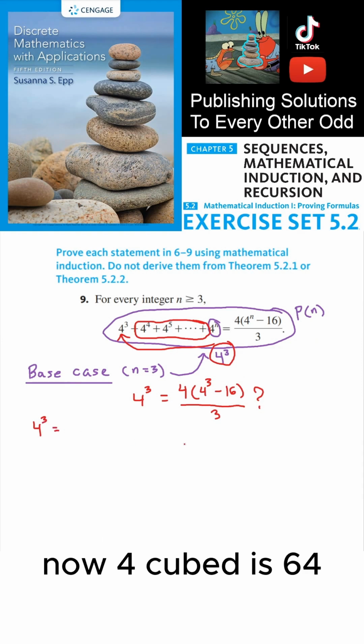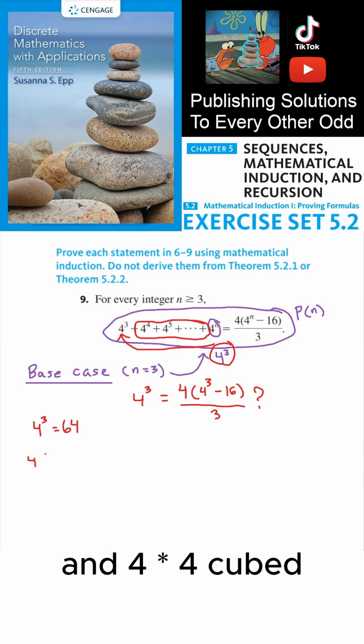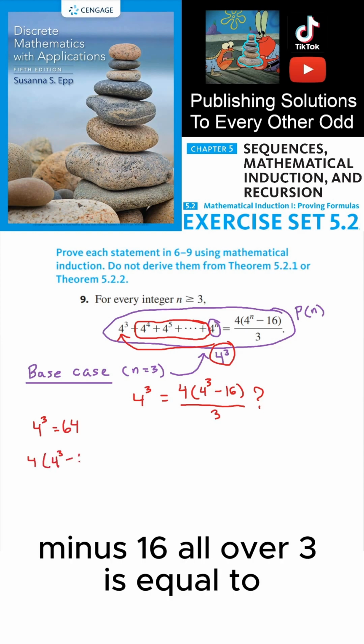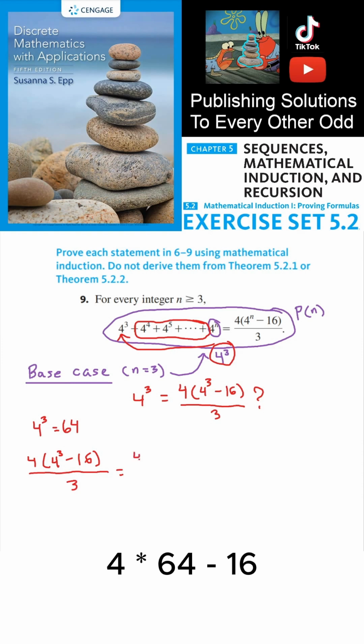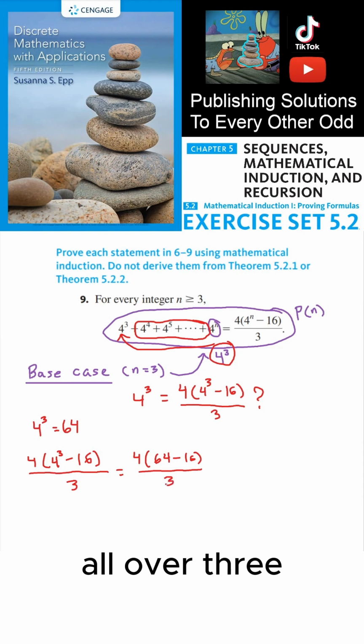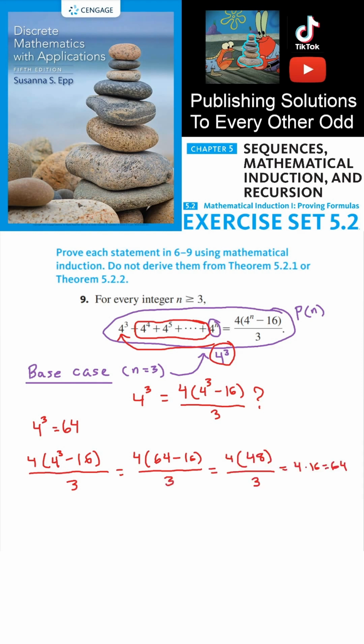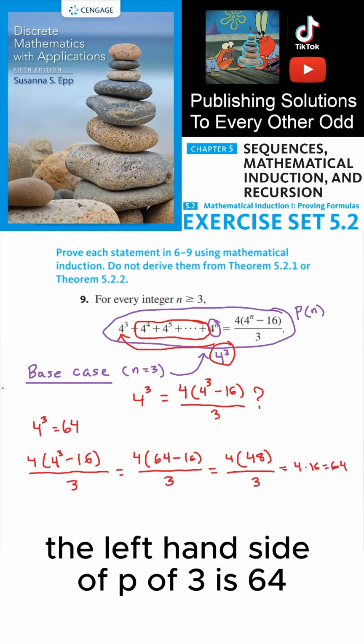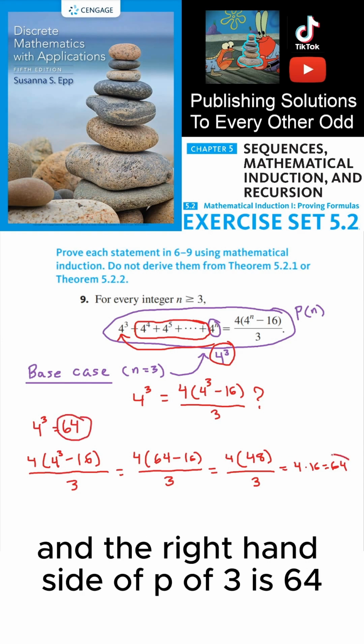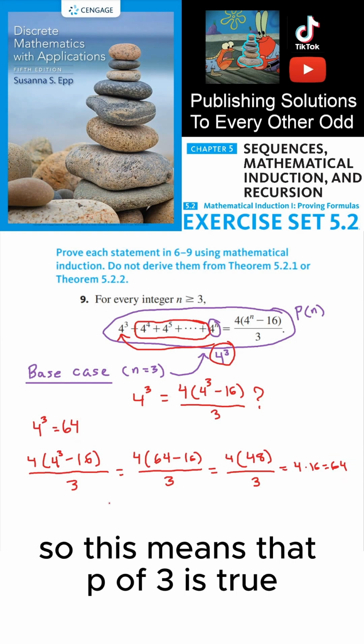Now 4 cubed is 64, and (4 times 4 cubed minus 16) all over 3 is equal to (4 times 64 minus 16) all over 3, which is 64. So the left-hand side of P of 3 is 64, and the right-hand side of P of 3 is 64. This means that P of 3 is true.